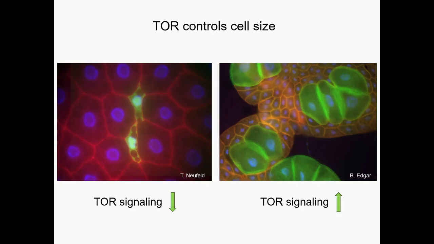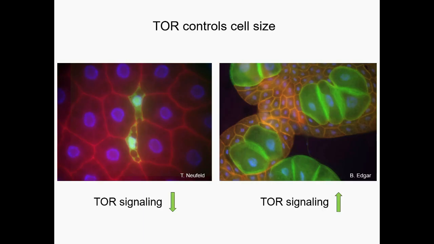And this experiment was done by Tom Neufeld, a scientist in America. And what he did was he selectively inactivated TOR protein in these two green cells. For the aficionados, these are GFP marked cells. It's a part of the experiment to know in which cells TOR had been inactivated. And as you can see, these cells end up being much smaller than the neighboring wild-type cells.